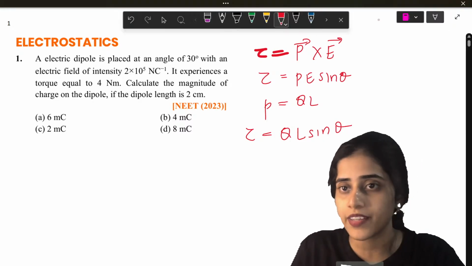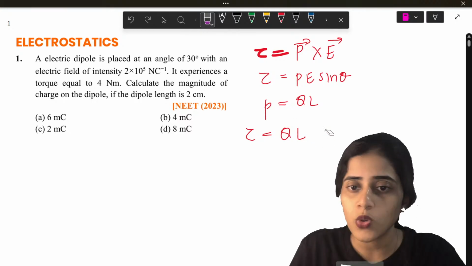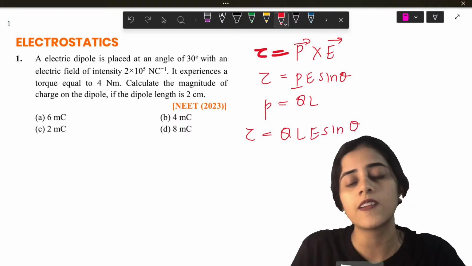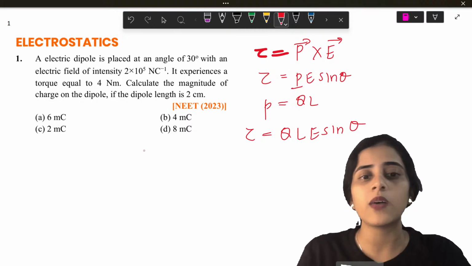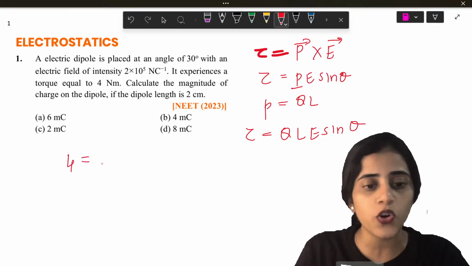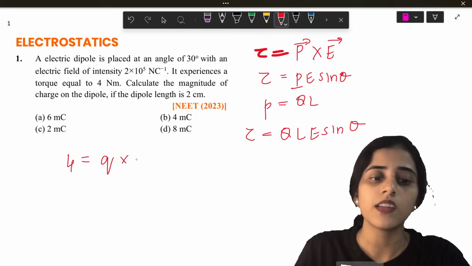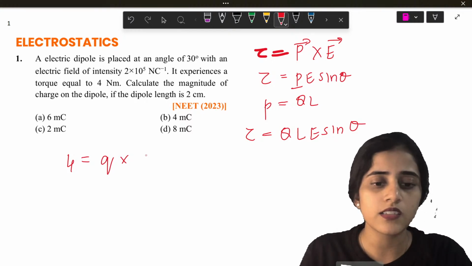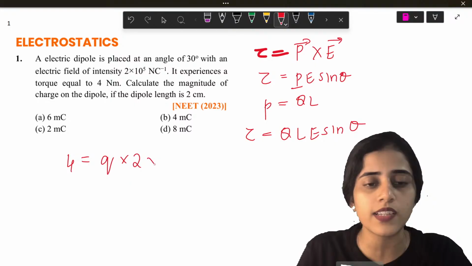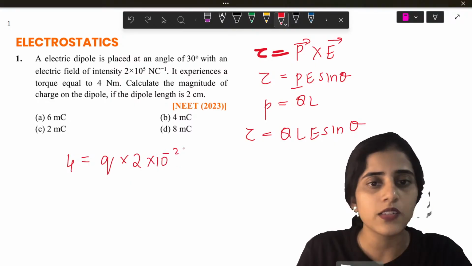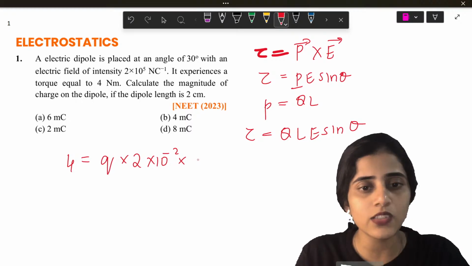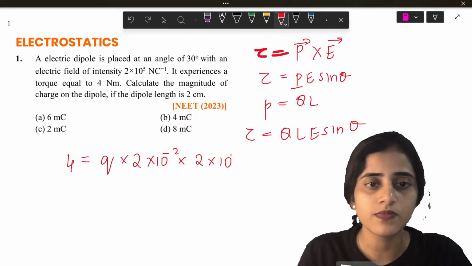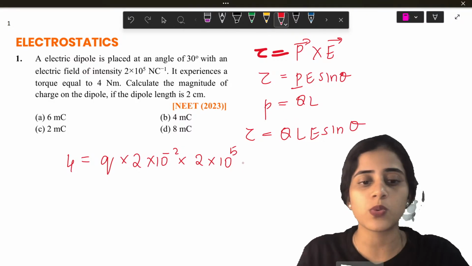Instead of P, I will write QL E sine theta. Now torque is given as 4, equal to Q into L, which is 2 into 10 raised to minus 2, into the electric field intensity, 2 into 10 raised to 5, times sine 30.